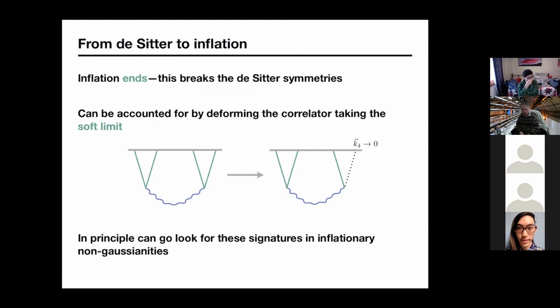The way that I showed you in detail is to find a differential equation that controls the deformation of the correlator away from these singularities.